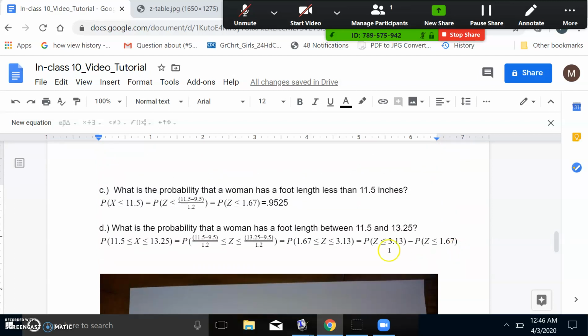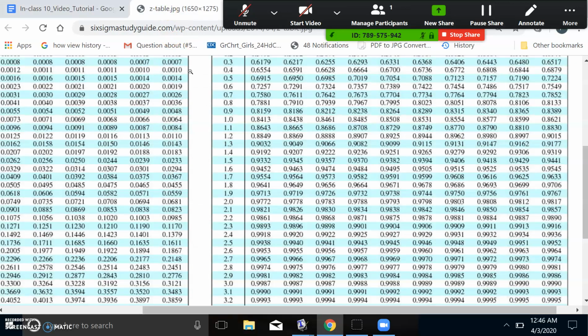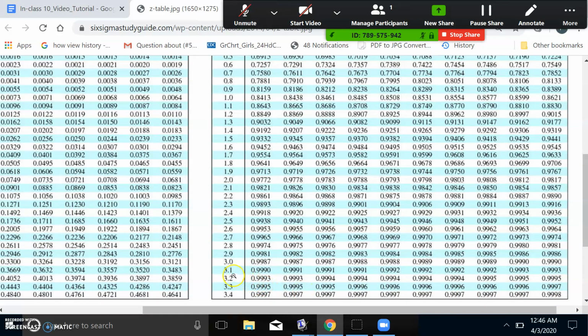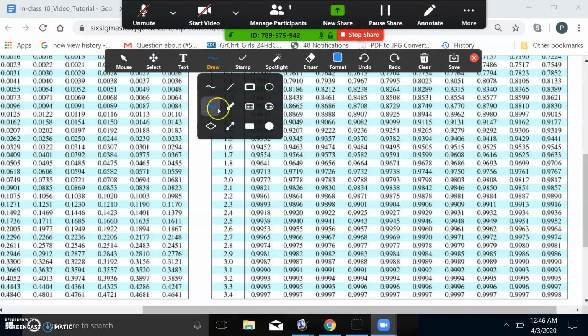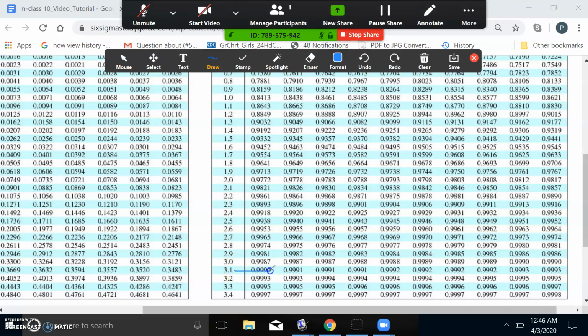Now we need to look at our z-table for 3.13. So let's go to our z-table. There's 3.1 there, and then it's going to go 0, 1, 2, 3.